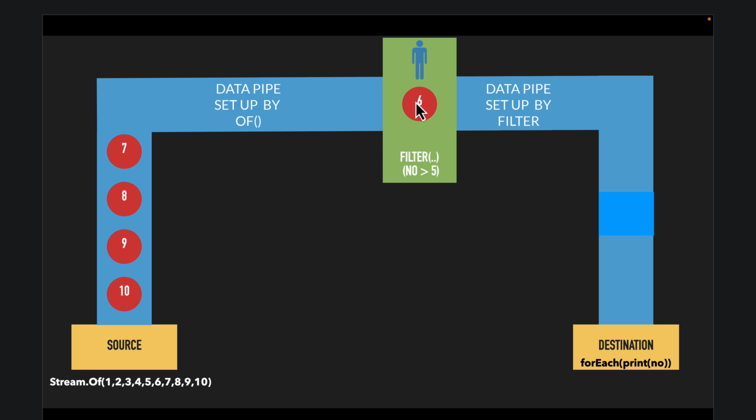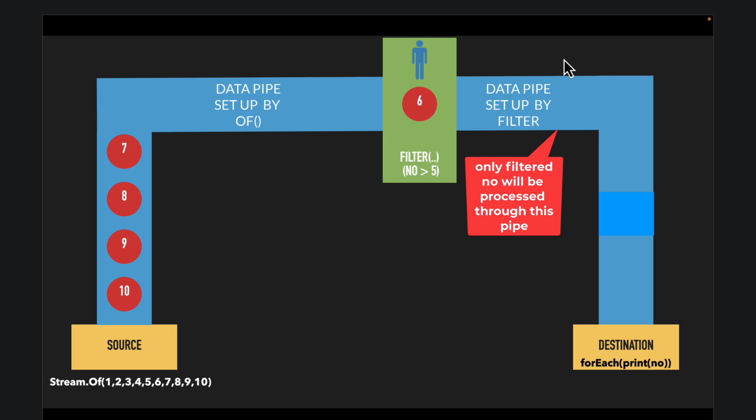By looking at this diagram, it feels like, okay, I told you that, right? If a number is processed through this data pipe and the condition does not match, it will be thrown out of the pipeline. Don't imagine that being thrown out of the pipeline means the 6 will be removed from the source. No, the source is immutable in nature and the numbers cannot be removed from the original source. That's why the filter creates a new data pipe or new stream, which will only pass the filtered numbers.